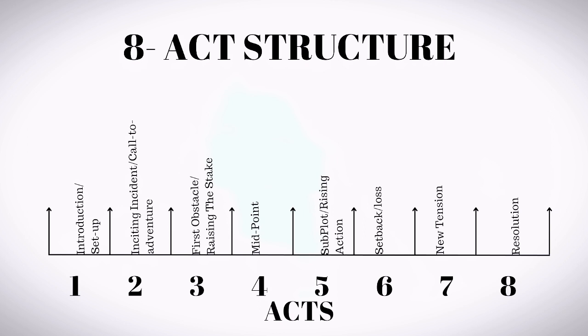Then we go on to the setbacks. Now, we have seen the escalation of this conflict and everything. And your hero, there has to be a setback. There has to be a loss, something that will make him not get it, because as we are watching, we think, okay, this plot point has escalated.